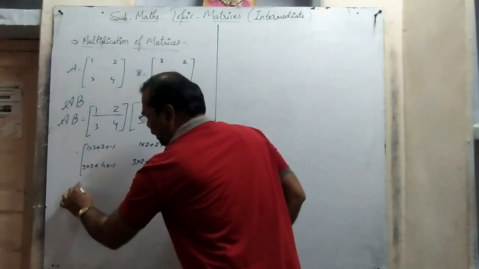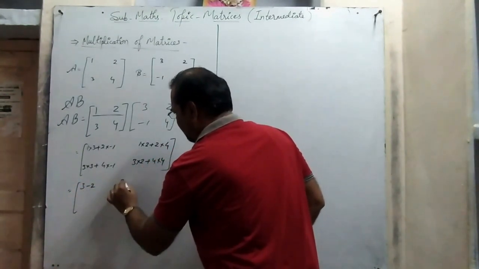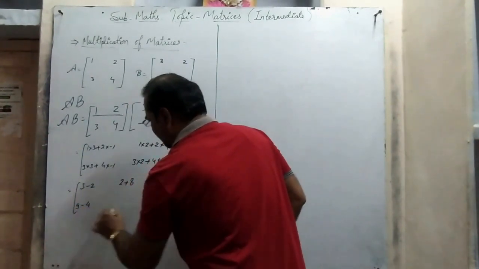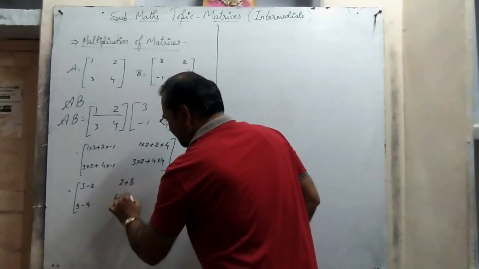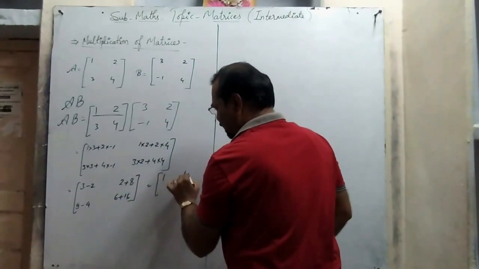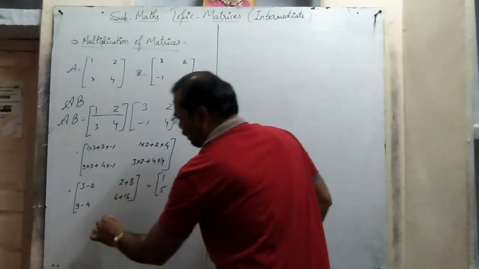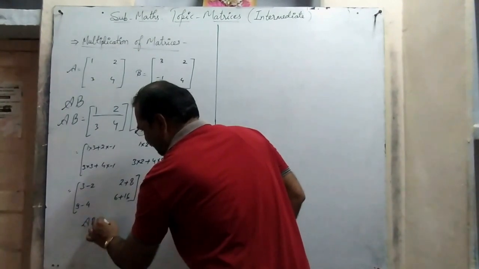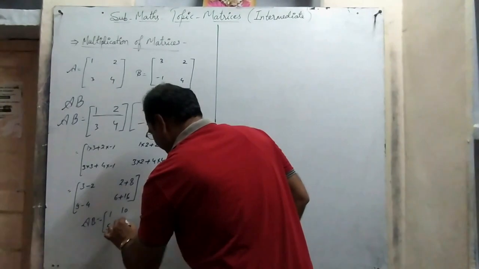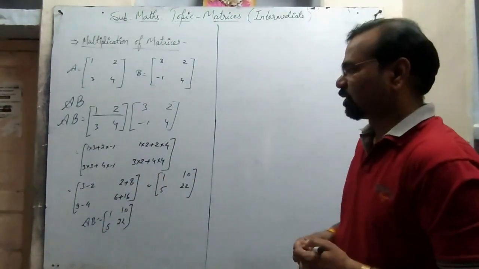Then 3 minus 1 is 3 minus 4, that is minus 1... and here 2 plus 8 is 10, 9 minus 4 is 5, and 6 plus 16 is 22. So the value of the AB matrix is 1, 10, 5 and 22. That is the multiplication of matrices.